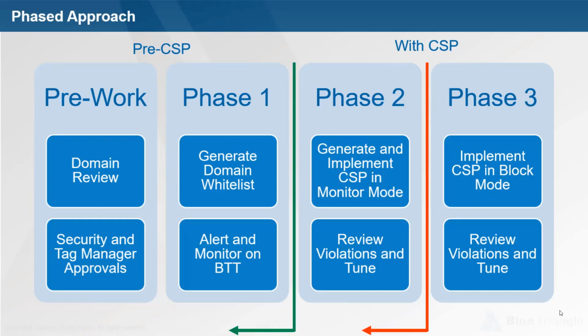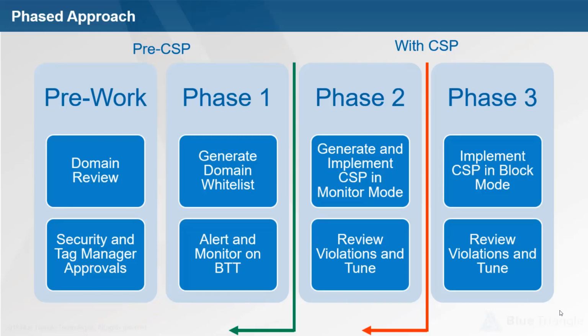We said from the beginning here, Mark, that we were going to go through this in a phased approach. And being in the security field for many, many years, you always want to take a very deliberate path before you initiate any blocking. So on the left, we start with some pre-work, and Blue Triangle allows you to inventory and qualify all those domains and approve those domains in a two-step process.